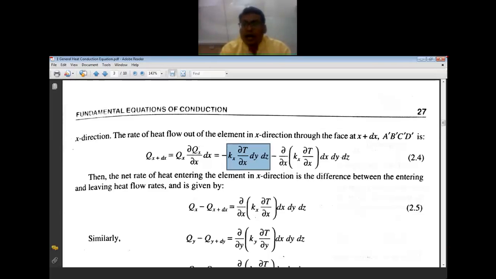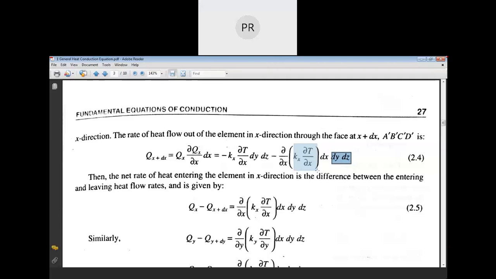The same term appears here, and we differentiate it with respect to x. So this plus this will be there, which is the differential in the x direction.